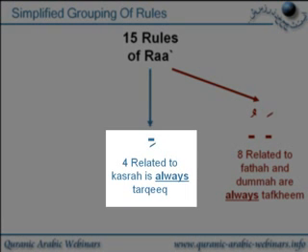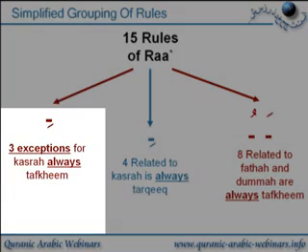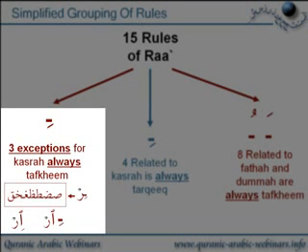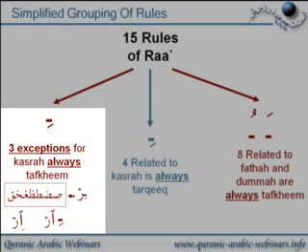If it's related to a kasra sound, it will be tarqeeq, except for three exceptions, which are where the ra sakin preceded by kasra is followed by one of the tafkheem letters, it will go as tafkheem, or the ra sakin is effectively preceded by hamzatul wasl, and you should be safe if you remember that. So the ra sakin followed by a tafkheem letter, or the ra sakin preceded by hamzatul wasl is tafkheem.